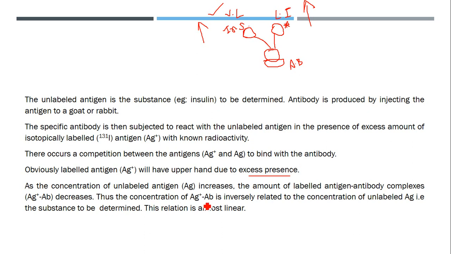Thus, the concentration of labeled antigen antibody complex is inversely related to the concentration of unlabeled antigen. You can see it is the inverse relationship. And this relation is almost linear.